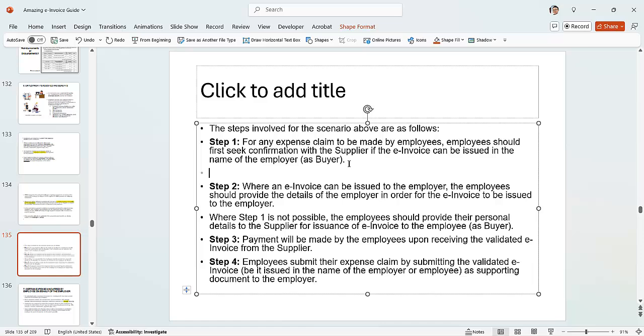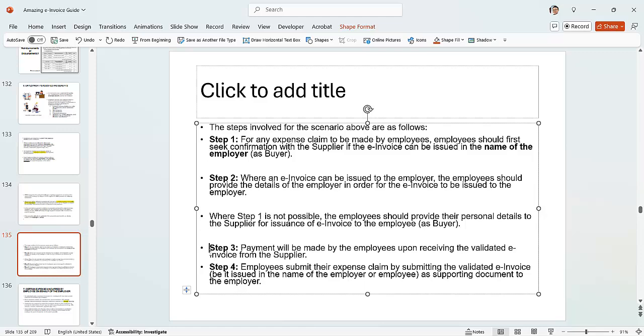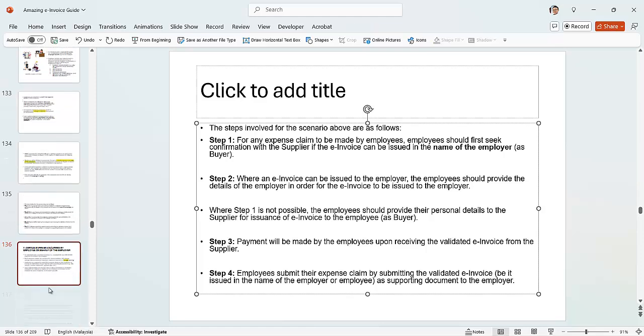So you need to ask whether they can issue it in the name of the employer. If step one cannot be done, then you can go for personal details. Payment will be made by the employee upon receipt of the validated invoice, so the employee will pay it. The employee submits the expenses and will be reimbursed, submitting the invoice as supporting documents.